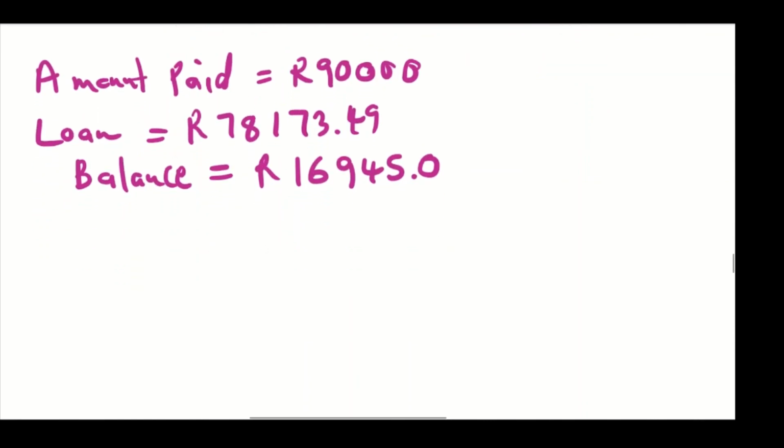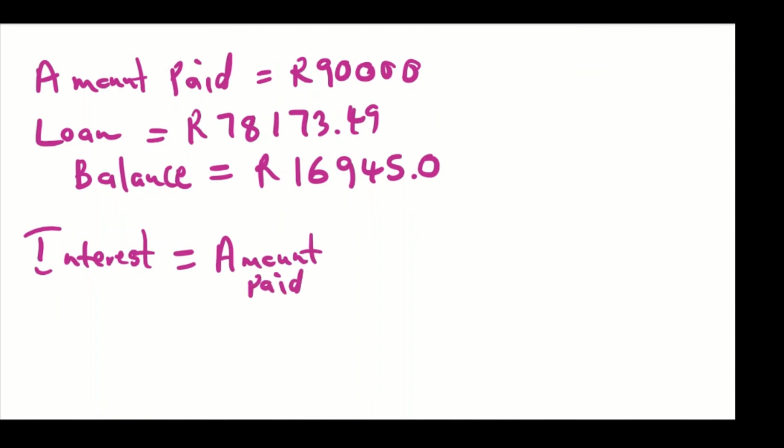We want to identify the interest here. So for us to identify the interest, you're just going to say interest is equal to the amount paid minus the loan minus the balance.